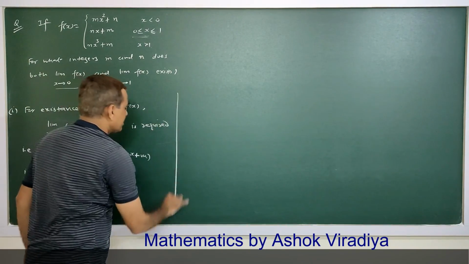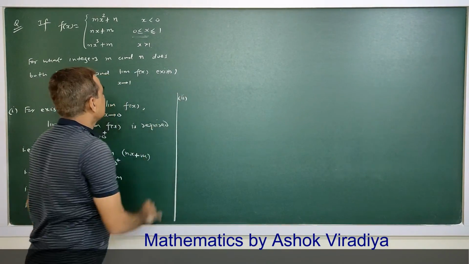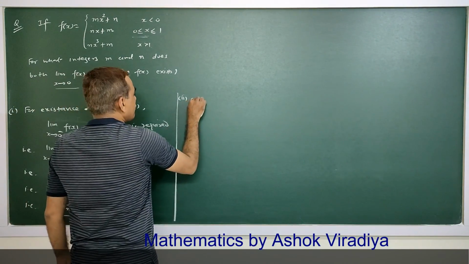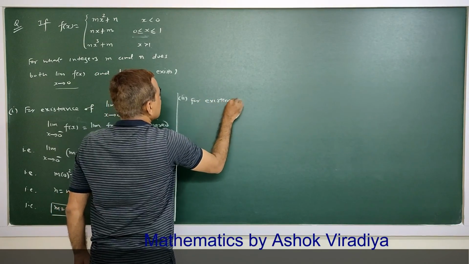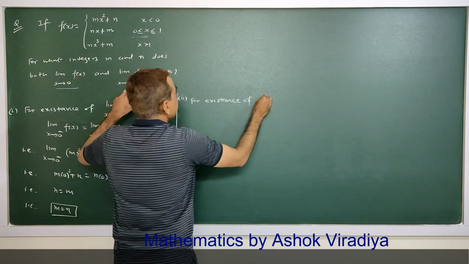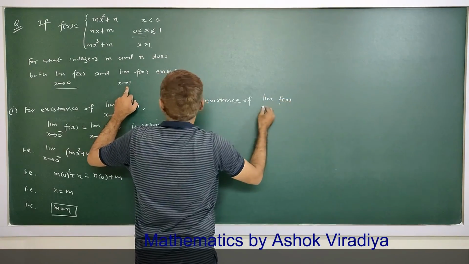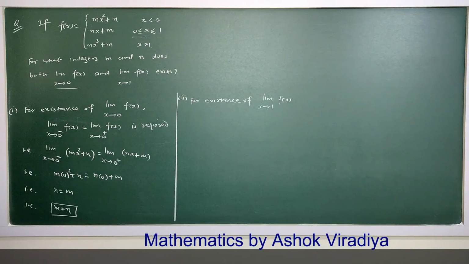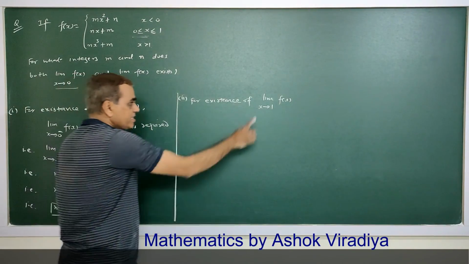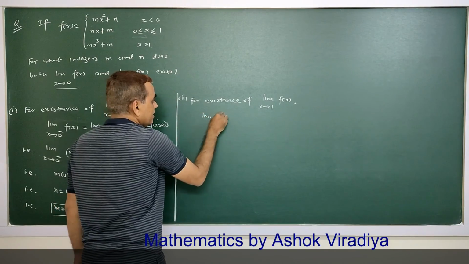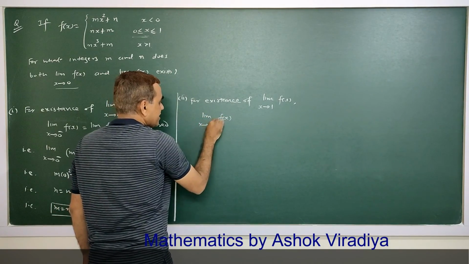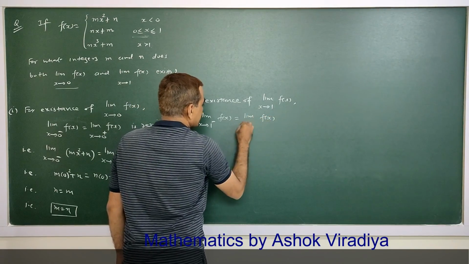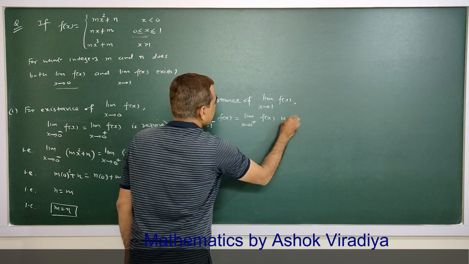Now second part, similar discussion for this function. For existence of the limit of f(x) as x tends to 1, for existence of this limit, the limit of f(x) as x tends to 1 from left must equal the limit of f(x) as x tends to 1 from right side.